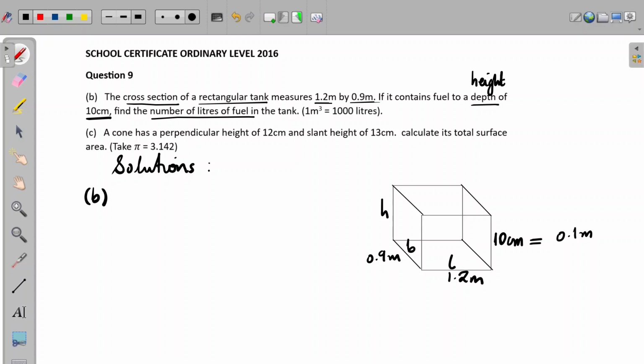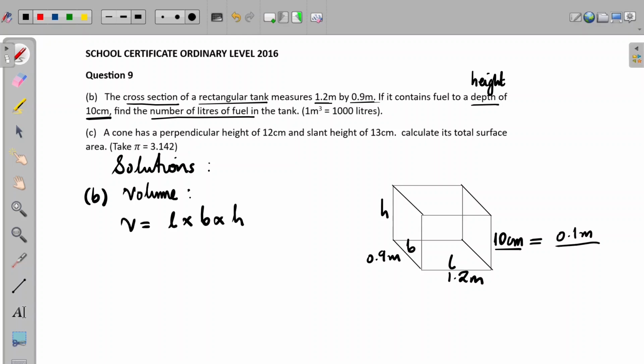So it means that the whole of this tank here was full of fuel, considering that we are using 10 centimeters, which is 0.1 meters as the height or depth. So we now have to look at the formula for the volume. Volume is found by multiplying length times breadth times height.